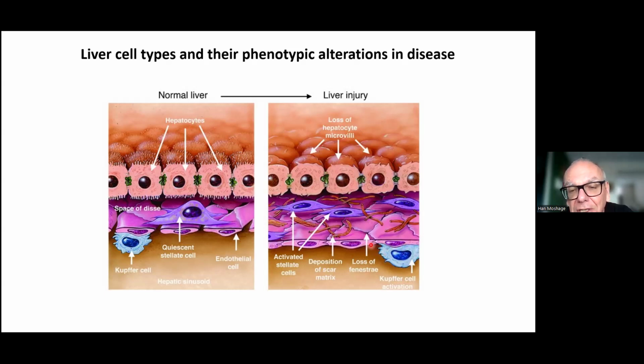So this loss of spaces between the endothelial cells and the accumulation of scar tissue in this space hampers the exchange of components between hepatocytes and the sinusoids. And that leads to a lot of complications not only in the liver, but in the body as a whole, because your whole metabolism is disturbed.